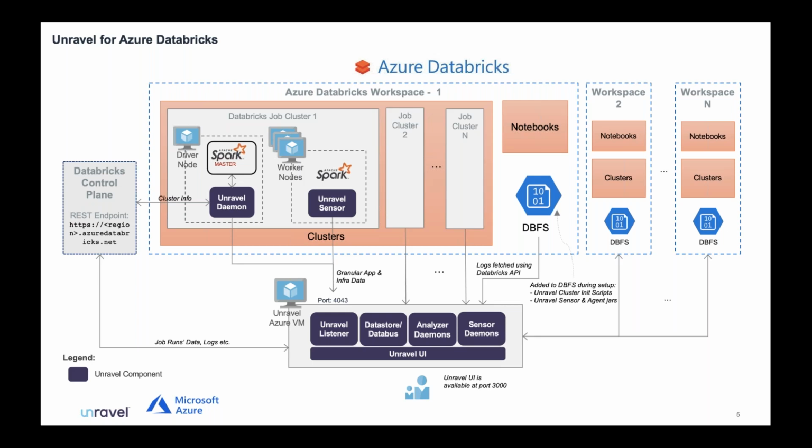There's also a sensor, which is basically a jar file that hitches a ride when a job runs and collects resources specific to the Spark job. It collects memory and CPU and some other Java-related statistics, which I'll show in the demo. This information is collected, stored and sent to the Unravel Azure VM.